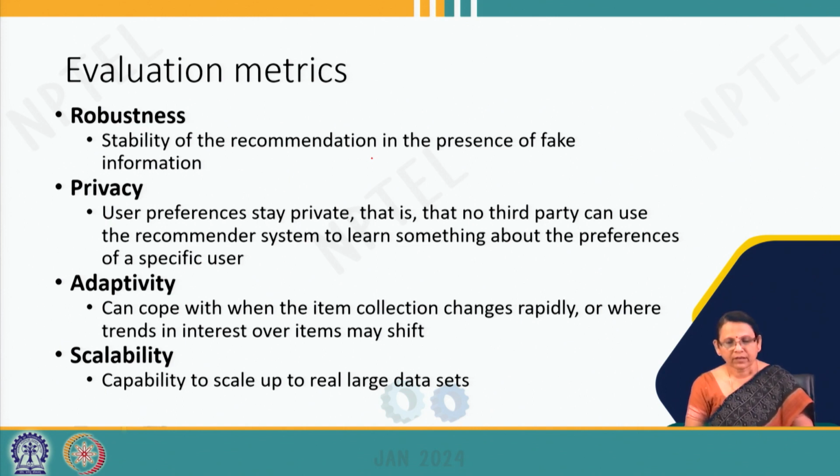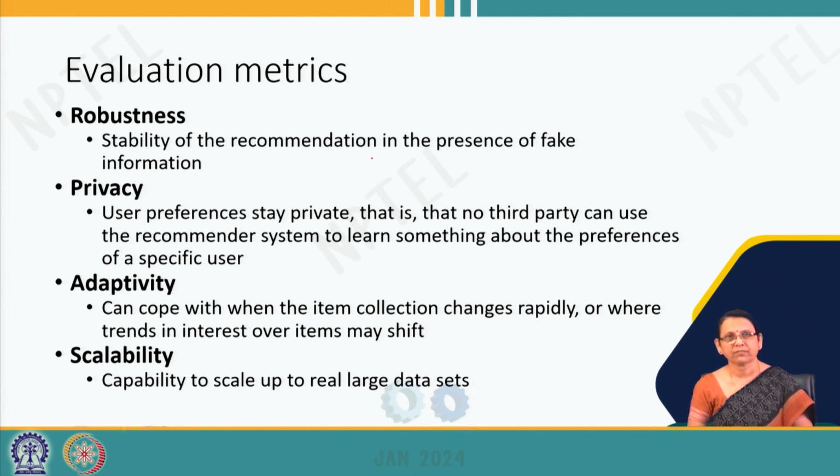Similarly, you can also give misleading information about the product features. As a result, the item is getting recommended. So, the stability of the recommender system in the presence of fake information can be assessed. This metric is called robustness.